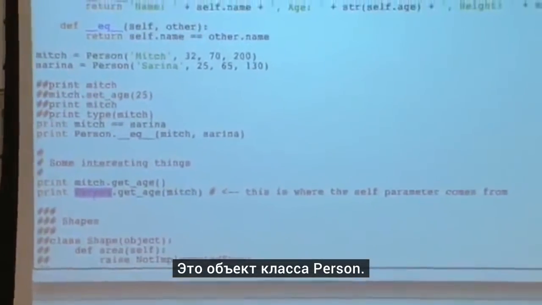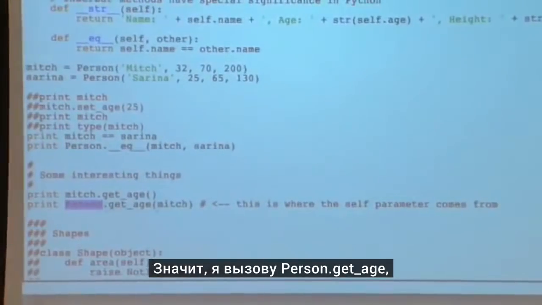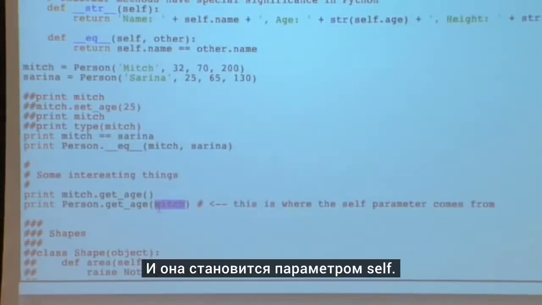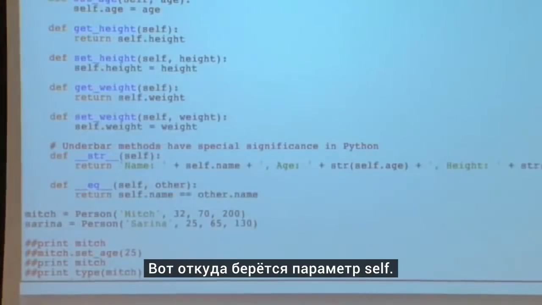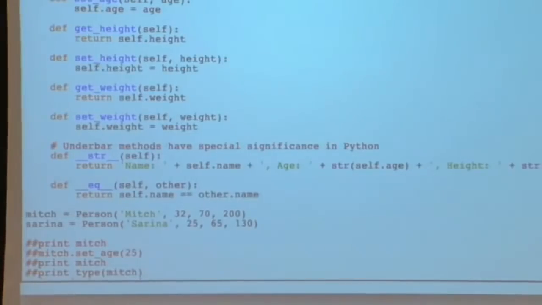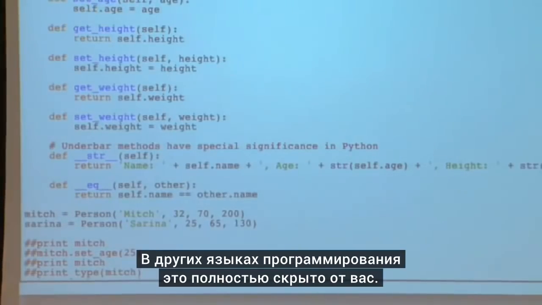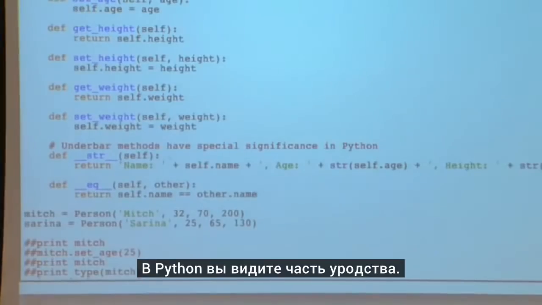It's a person object, so I'm going to call person.getAge, and then I'm going to pass it Mitch, the reference to the object, and that becomes the self parameter. So that's where the self parameter comes from. There's a little bit of mangling that goes on, and it's partially hidden from you. In other languages, it's completely hidden from you, but in Python, you see some of the ugliness.